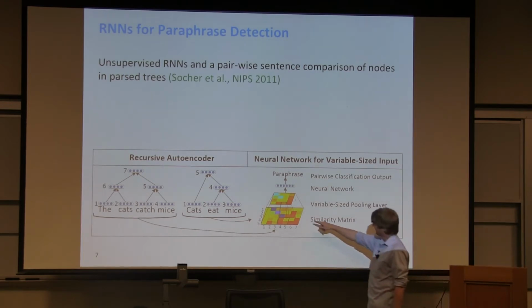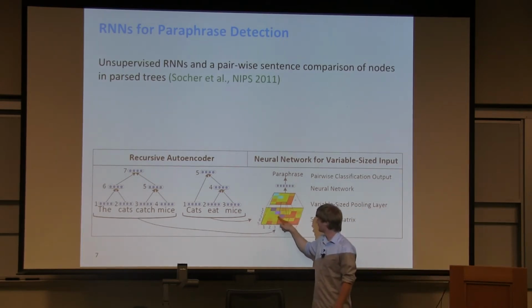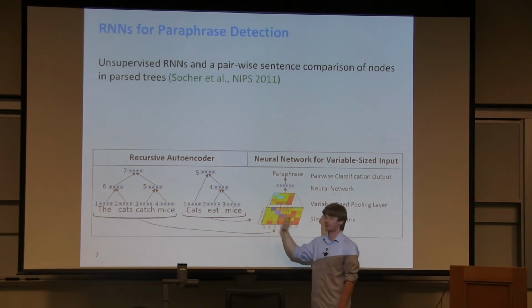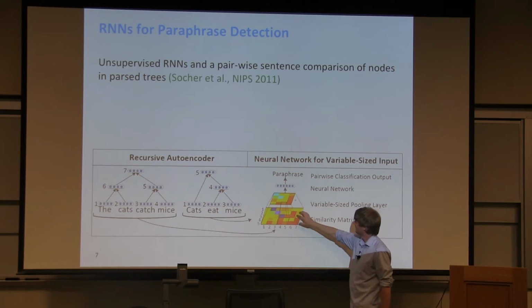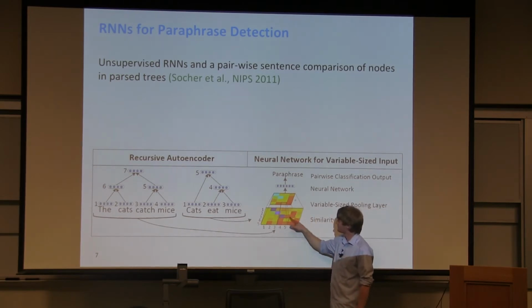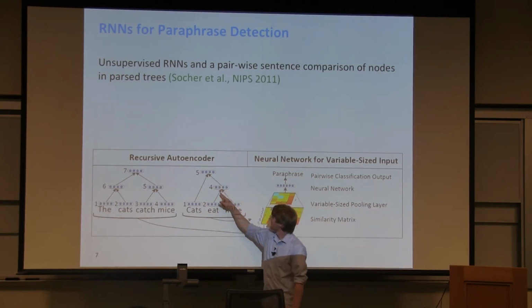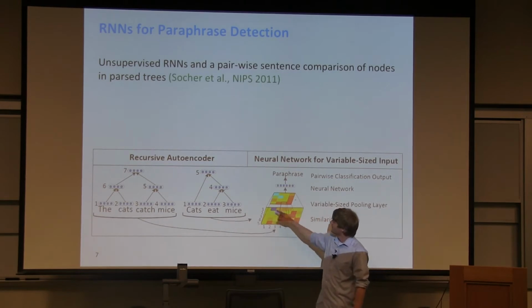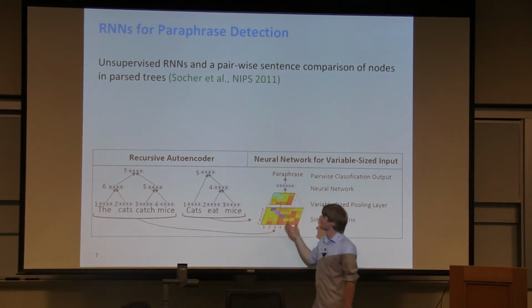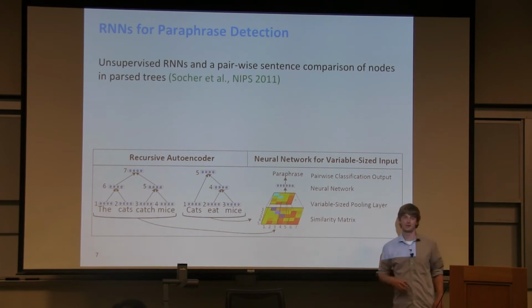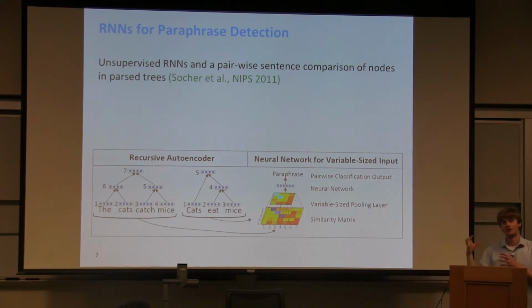And so the first quadrant here is capturing all the similarities between the words themselves. In this quadrant we capture the similarities between the non-terminal nodes and the word vectors, and in the lower one here we capture the distances between all the phrases to all the other phrases in the sentence.